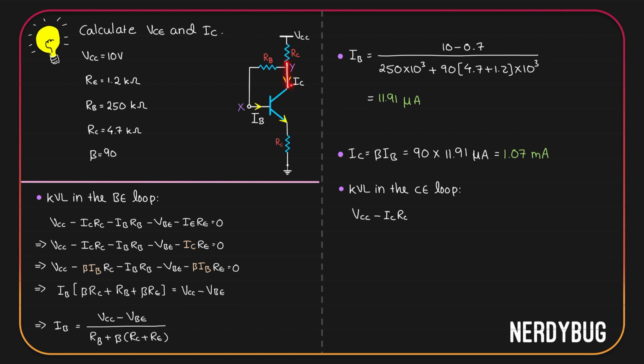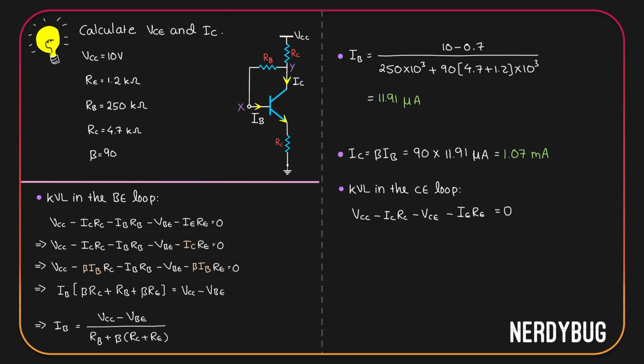As I go on, I have the collector here and emitter here, so this much potential is VCE. I will write minus VCE. Further as I go on, I have RE here, current across it is IE, so the potential drop is IERE. I can write minus IERE. According to KVL, this should be equal to 0.